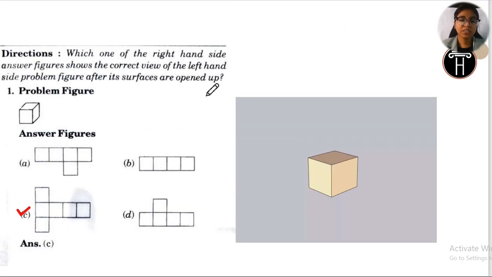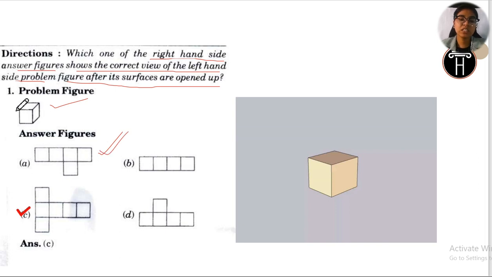The next question is: which one of the right-hand side answer figures shows the correct view of the left-hand side problem figure after its surfaces are opened up? A problem figure is given in 3D form and the answers are given in 2D form, and you have to find which 2D surface will match this 3D figure.